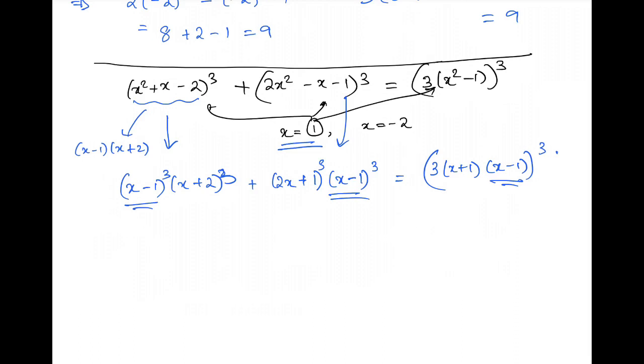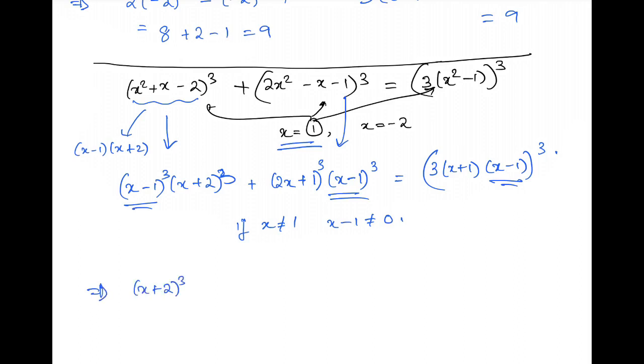Let's investigate what happens when x is not equal to 1. So if x is not equal to 1, we get x minus 1 is not 0, so we can cancel that off from each of the pieces. So we have (x + 2) whole cube plus (2x + 1) whole cube equals 3 times (x + 1) whole cube, which is basically (3x + 3) whole cube.